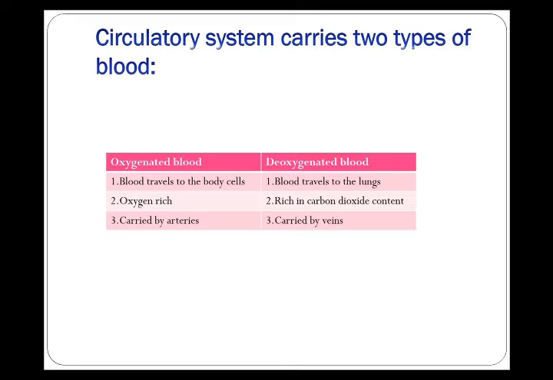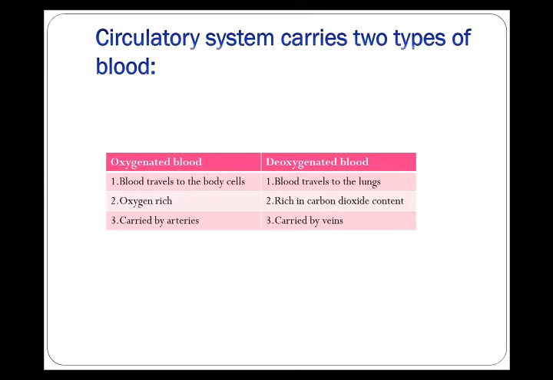The other one is deoxygenated blood. Deoxygenated blood is the blood which lacks in oxygen, or we can say which has carbon dioxide. It takes carbon dioxide from the tissues, from the cells where respiration has already occurred. So when respiration is done, carbon dioxide gets produced in the cells and blood takes that carbon dioxide from the cells, and that blood is known as deoxygenated blood, and it leads to the lungs to get oxygenated.